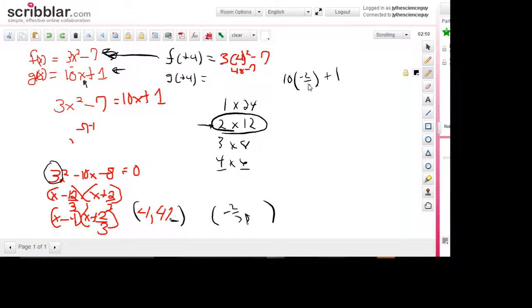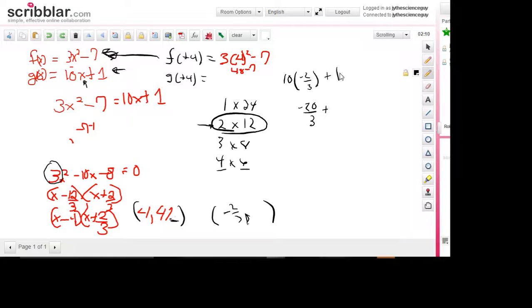I'm just going to multiply this number by that fraction. The 3 doesn't divide into the 10, so I'm just going to multiply the tops together. So what's 10 times negative 2? Negative 20. So that just changes to negative 20 over 3.